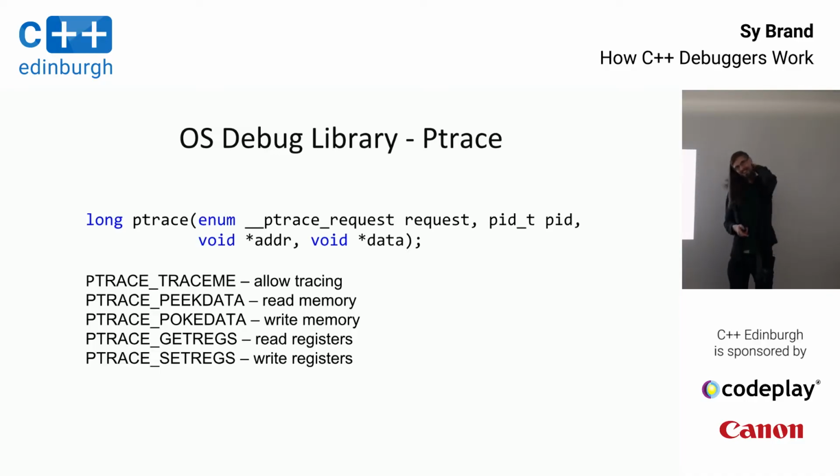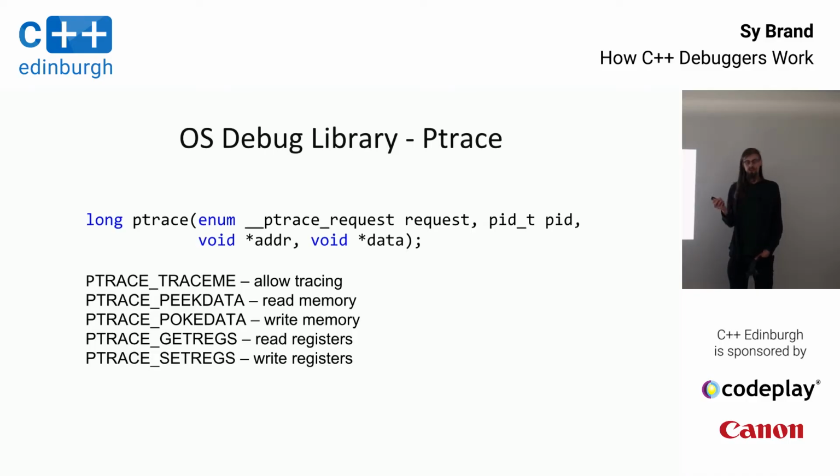Yes? Does this mean that if you compile with debug symbols, you'll be linked against the Ptrace library implicitly by the compiler? So the question was, if you compile with debug symbols, are you getting linked against Ptrace?